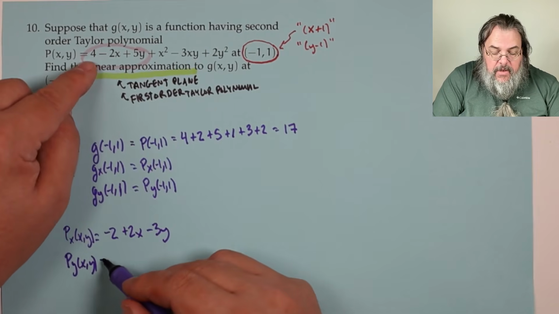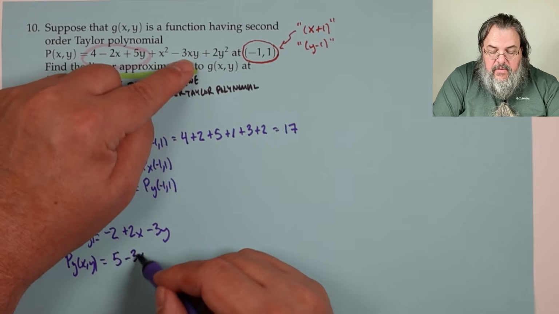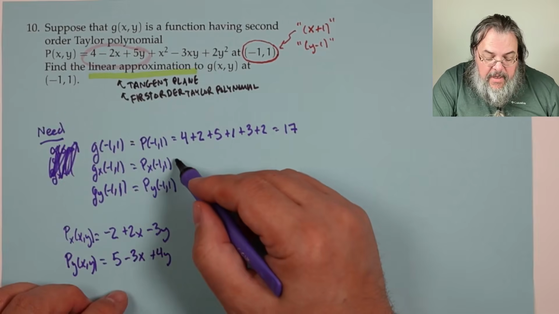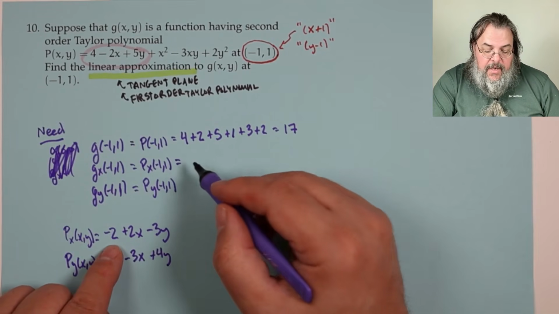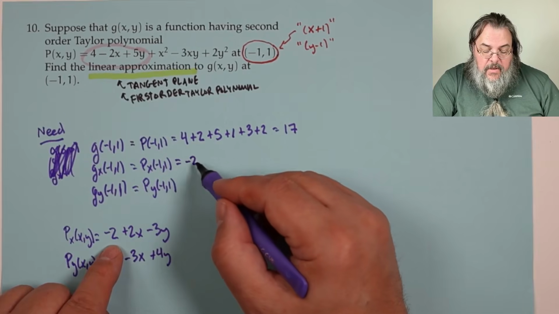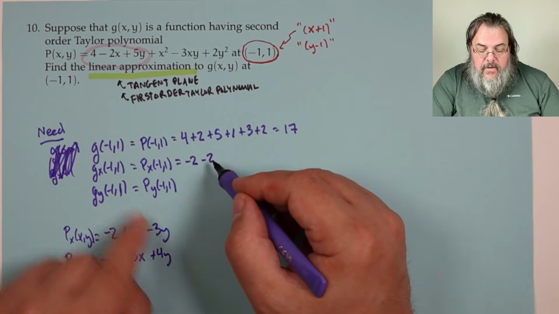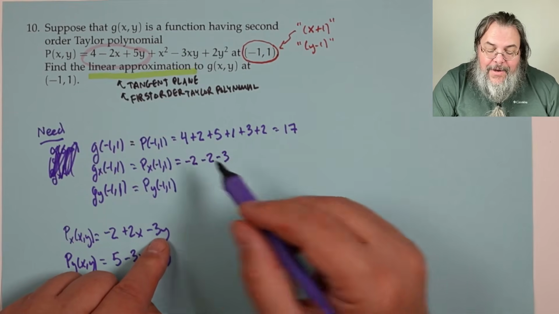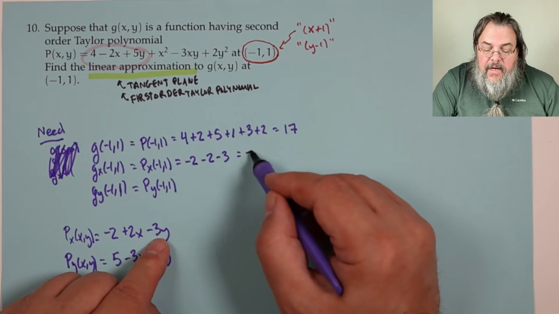So derivative with respect to y, we get 5 minus 3x plus 4y. All right, so p sub x at minus 1, 1 is minus 2, minus 2, because x is minus 1, and minus 3. Lots of minuses going on here. Minus 2, minus 2, minus 3 makes that minus 7.